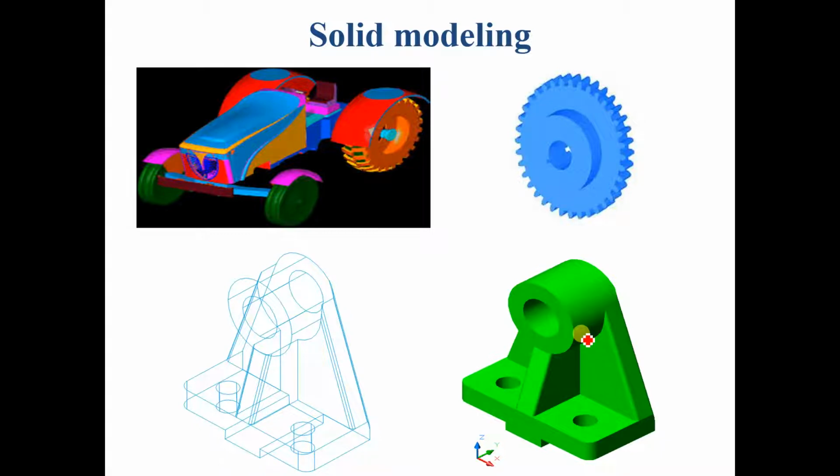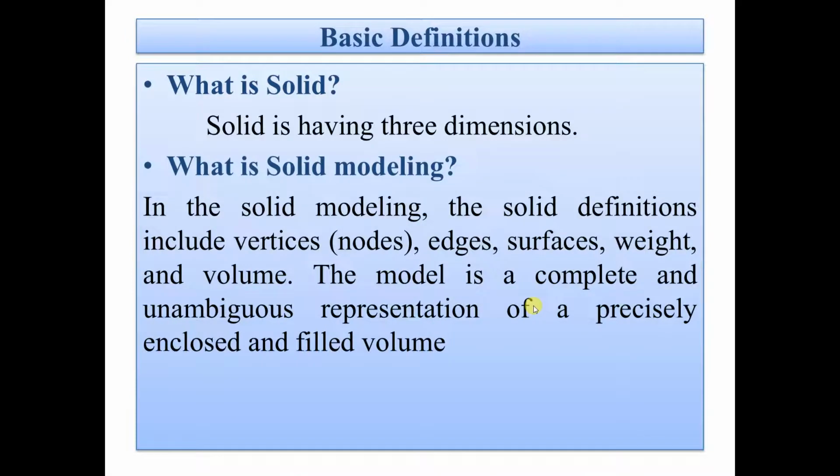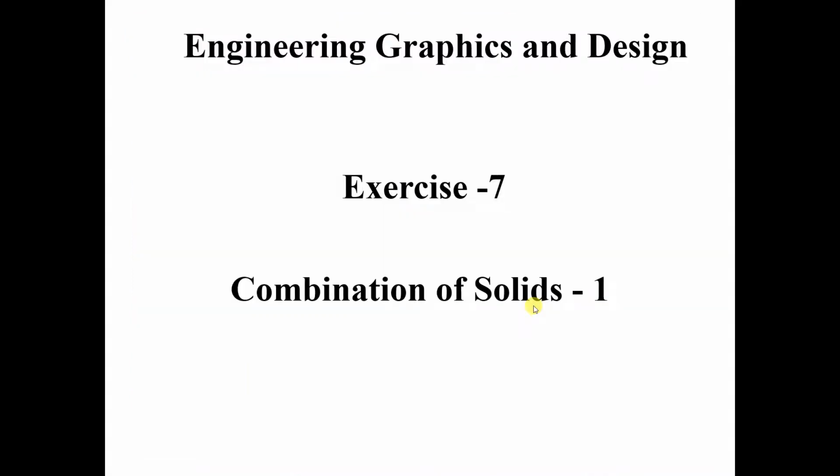Let us see. As we have topological as well as geometrical information, solid modeling has advantages for mass property calculation and finite element mesh generation. Now let's see the difference between geometry and topology.